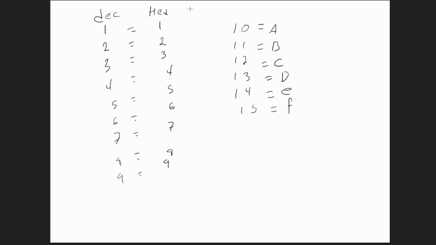But what about if we want to do it in binary? Zero. That's the 4 position, that's the 1 position. That's the 8 position.